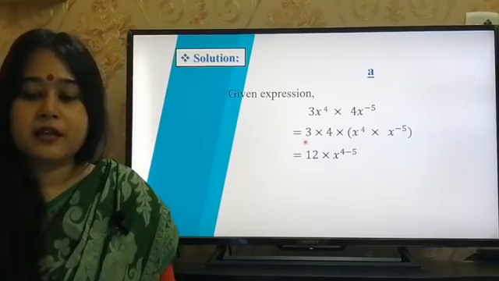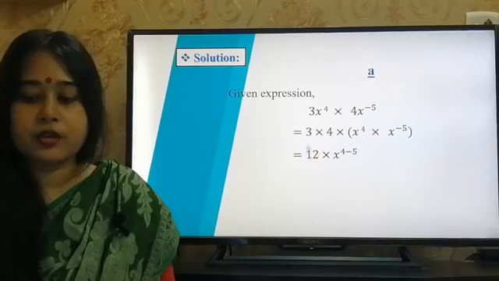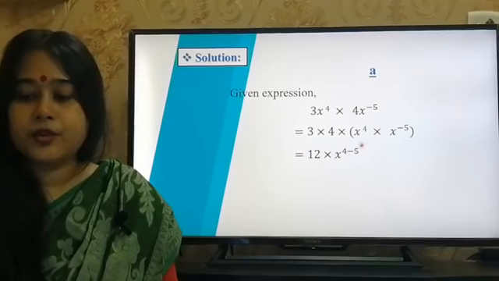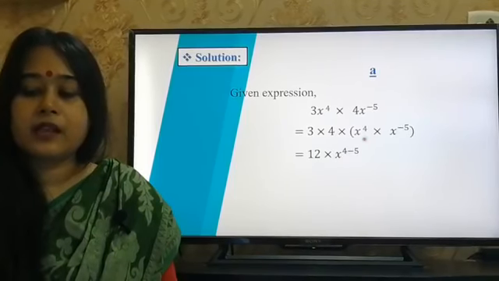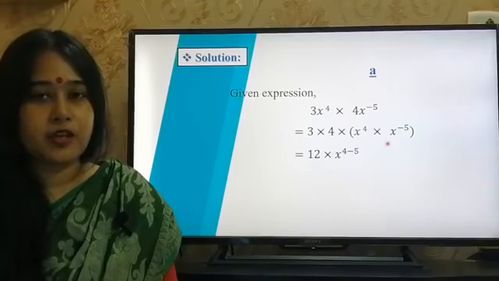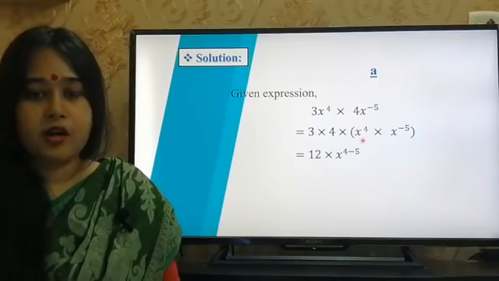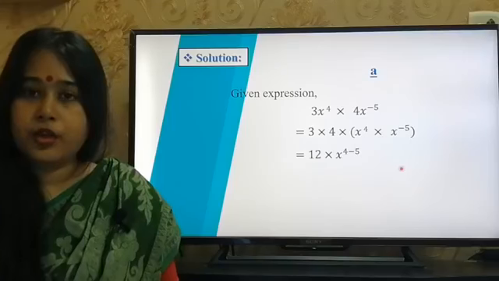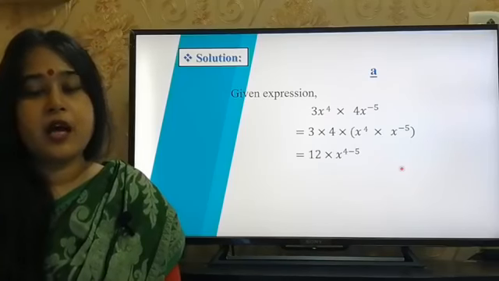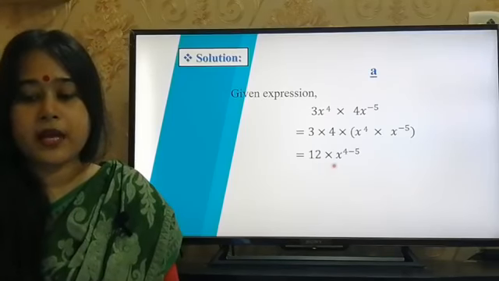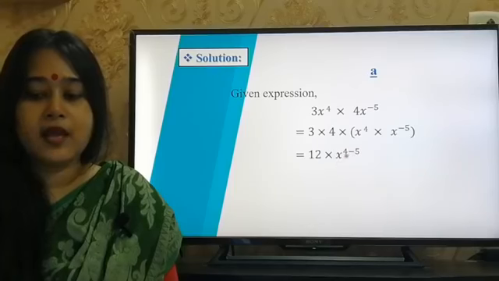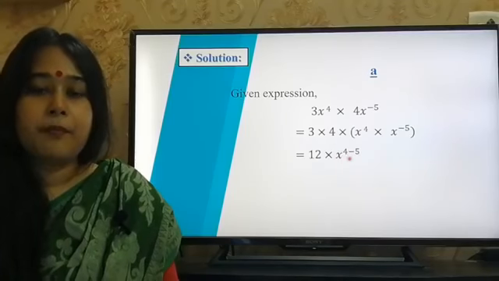If we multiply this 3 into 4, we got 12 into, here you can see for the multiplication of the exponents, we have the same base of these two exponents. So we know the rules. Whenever we have the same base, we will write the base one time and we will add the power.